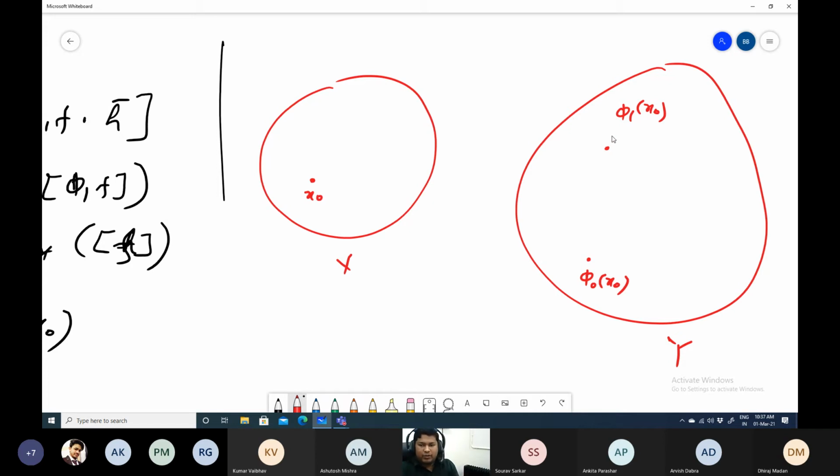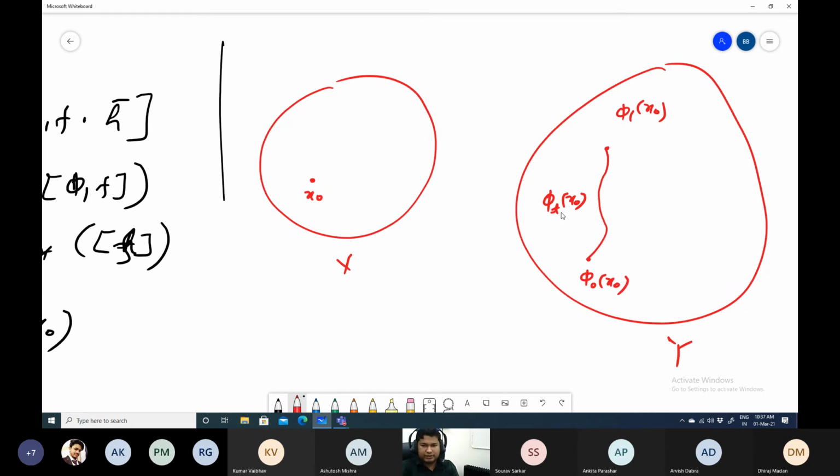Now since we have a homotopy phi t, if you consider that homotopy at exactly one point, then it will be a path, right? Because t varies from 0 to 1. Say this is this path. So this path is actually your phi t x0.